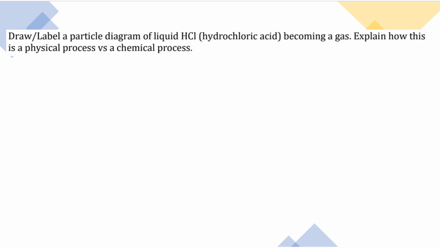So draw and label a particle diagram of liquid HCl becoming a gas. Explain how this is considered a physical versus chemical process. It tells you that it's just going from liquid to gas. So, for example, let's make a key. This green is going to be my chlorine. This smaller blue will be my hydrogen.